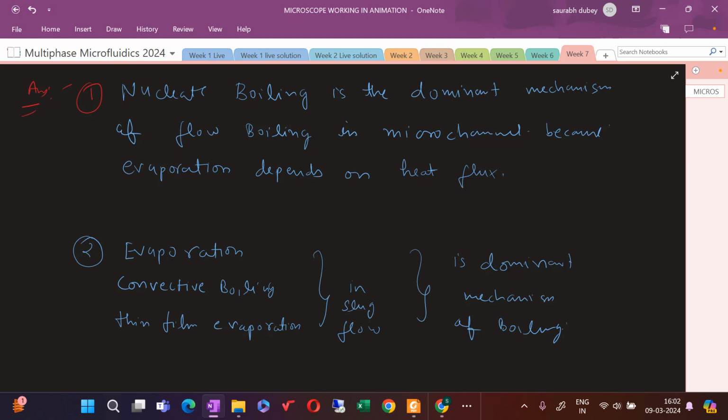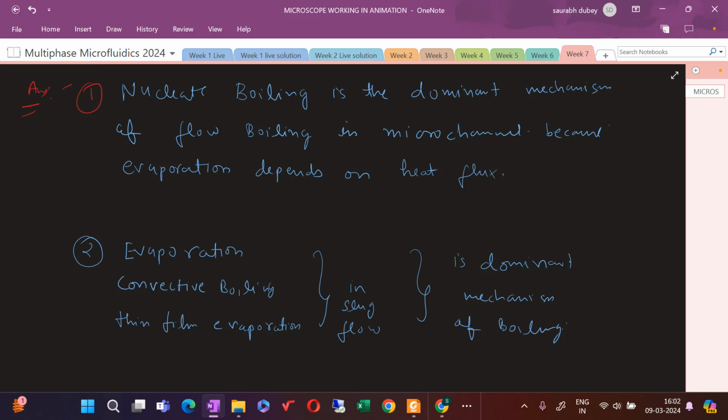On the other hand, in the conventional channel, the convective boiling also dominates. Why? Because at high vapor quality and in annular flow regimes, the mechanism is similar to single phase forced convection, but enhancement happens here due to the increased gas velocity and the evaporation of the liquid.